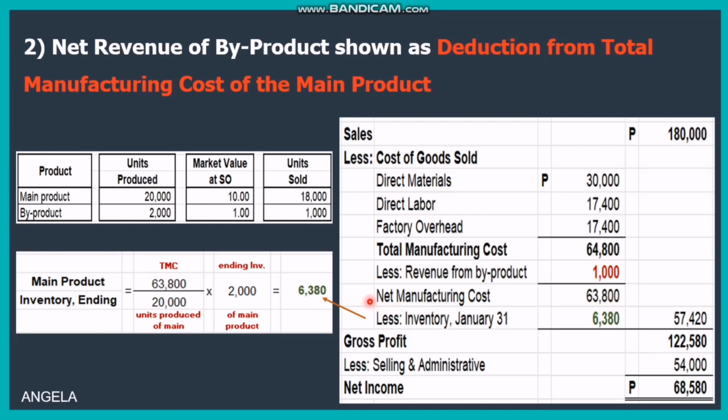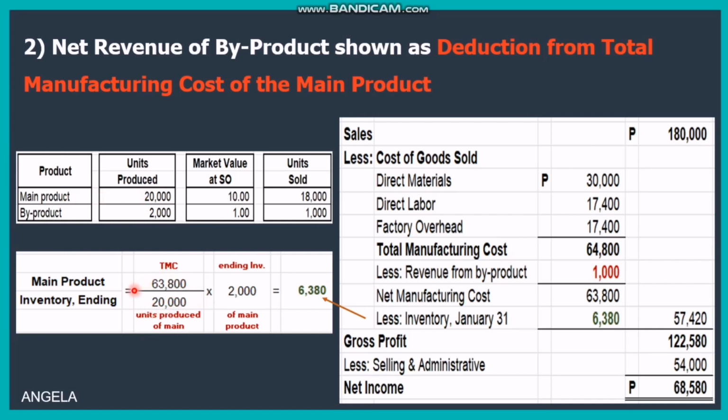So, para mahanap natin yung cost of goods sold, ililess natin yung ending inventory ng main product. So, maiiba po yung data natin para dito kasi nabago rin po yung net manufacturing cost. So, dito na tayo sa formula. Yung 63,800 na net manufacturing cost will be divided sa units produced ng main product, which is 20,000 units.